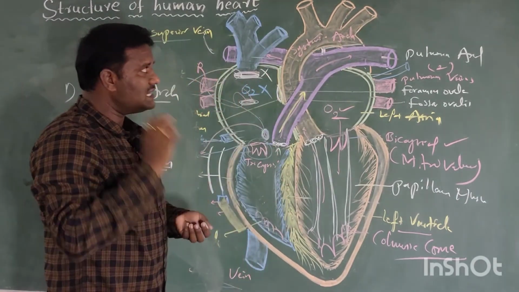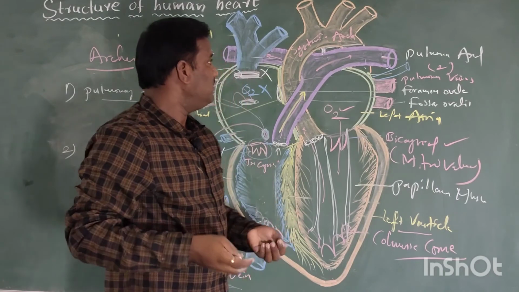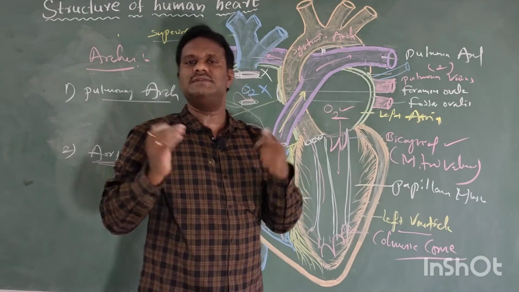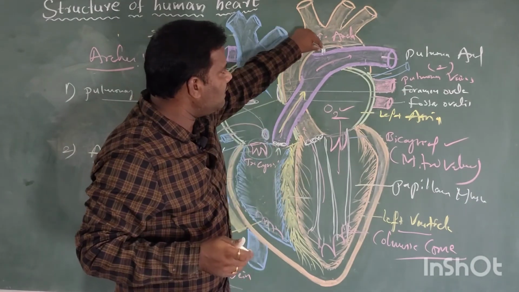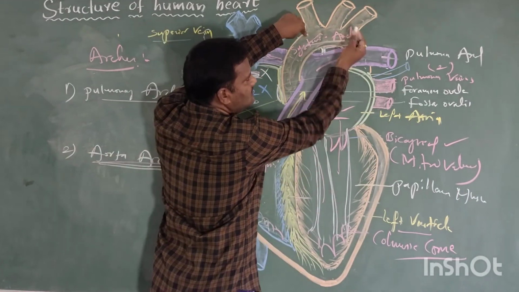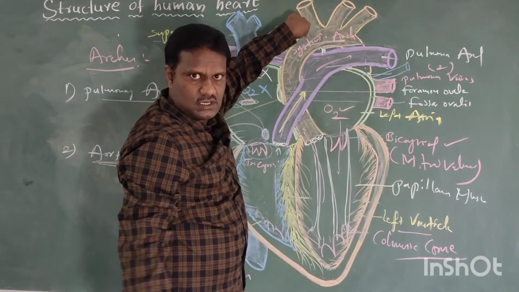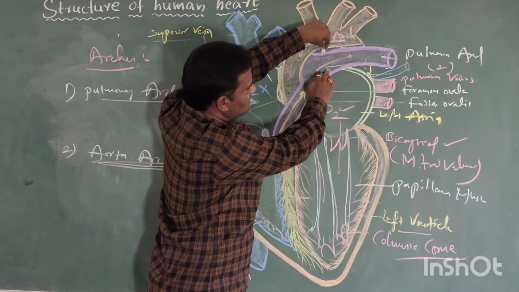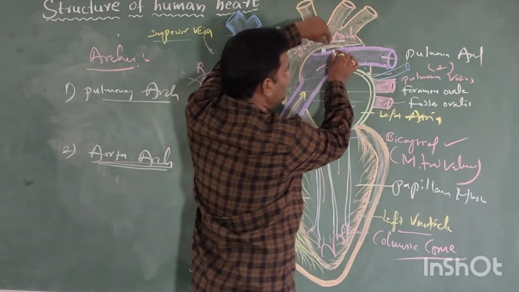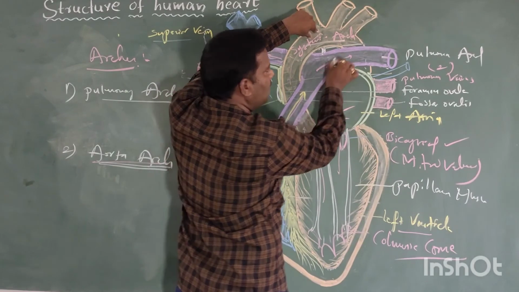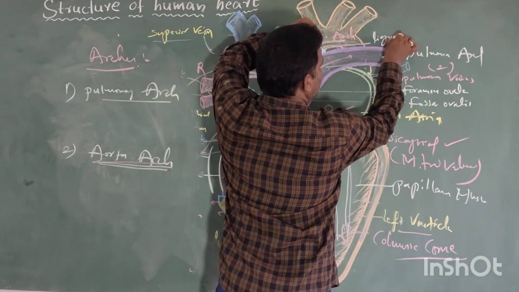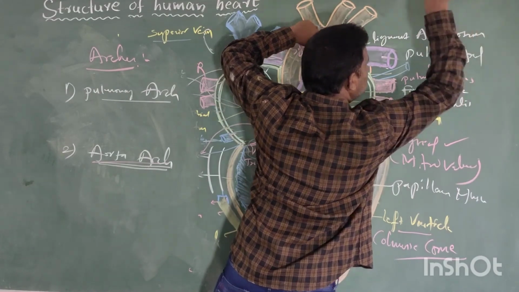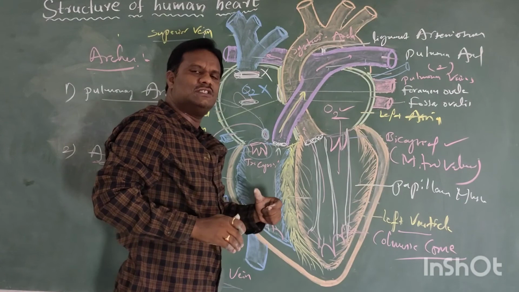Right, Nana? And the next final one is the ligamentum arteriosum. This is most important for MCET and NEET bits. It is the connecting link between the systemic arch and the pulmonary arch. The junction ligament present between the systemic arch and the pulmonary arch is called the ligamentum arteriosum.